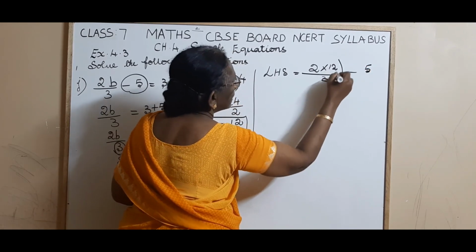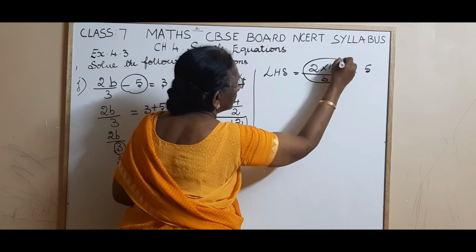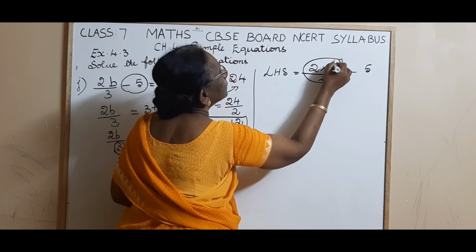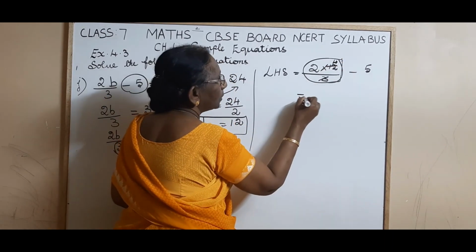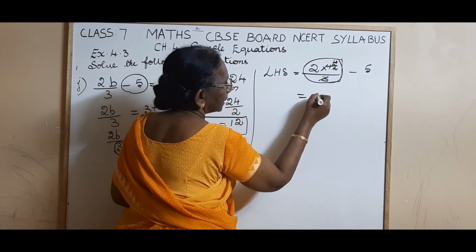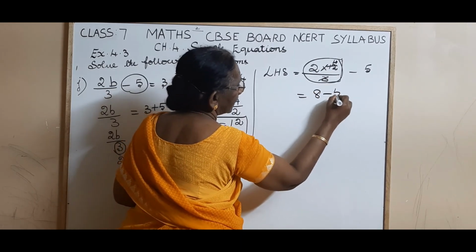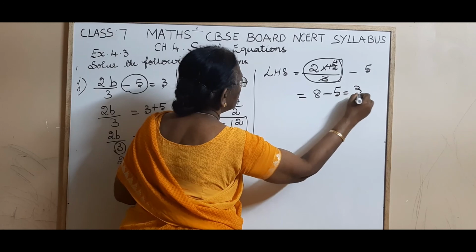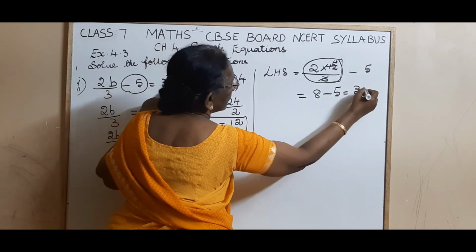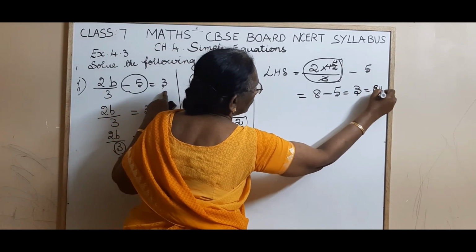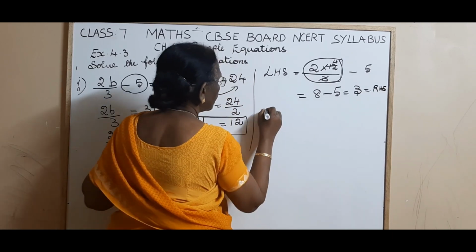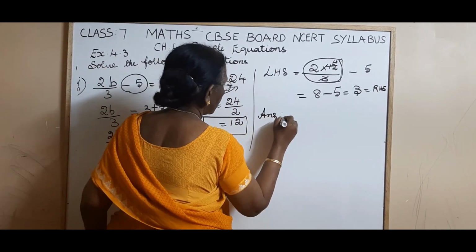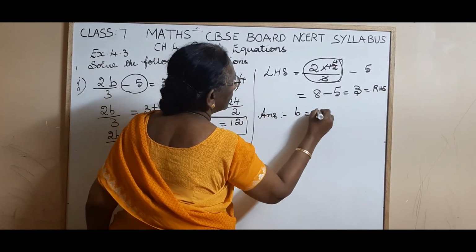So let us simplify this one first. 3 goes 4 times. So what do you have? 2 4s are 8 minus 5. That is equal to 3. Are you getting the right hand side? So it is RHS. Therefore our answer is b is equal to 12.